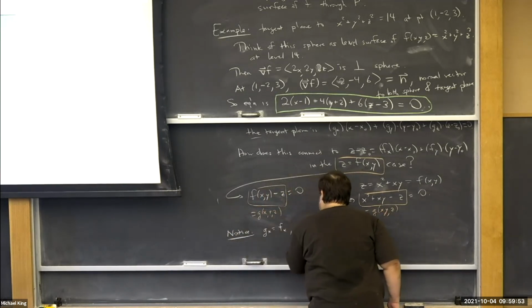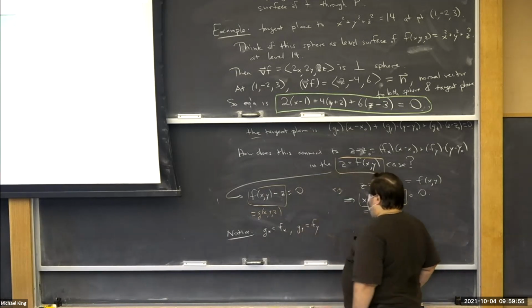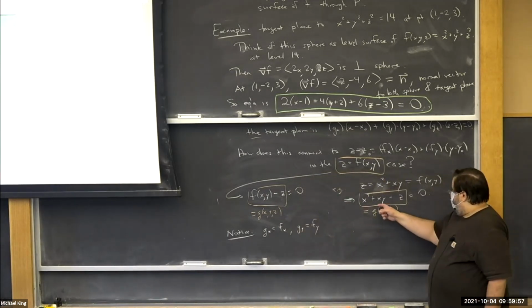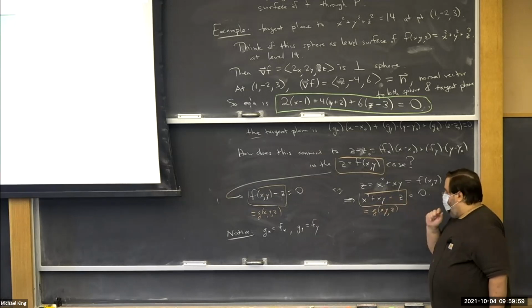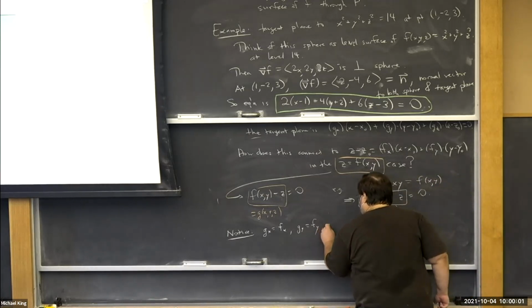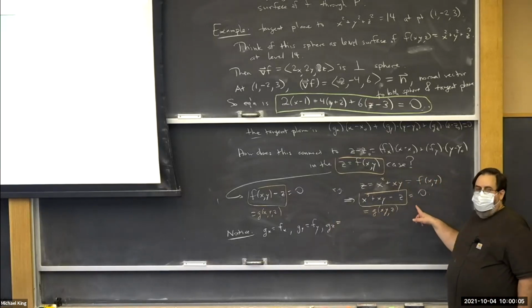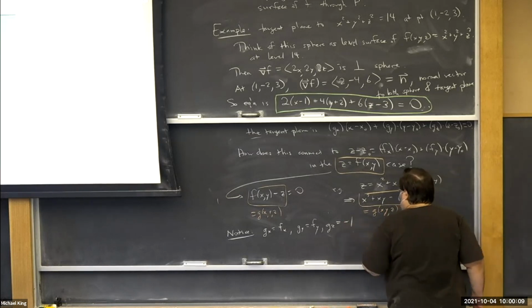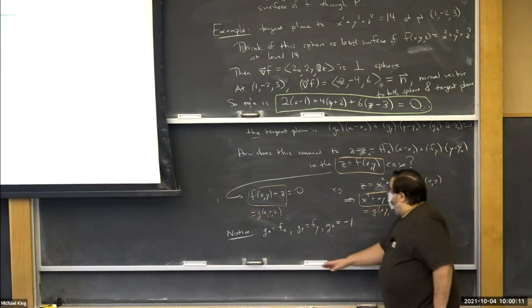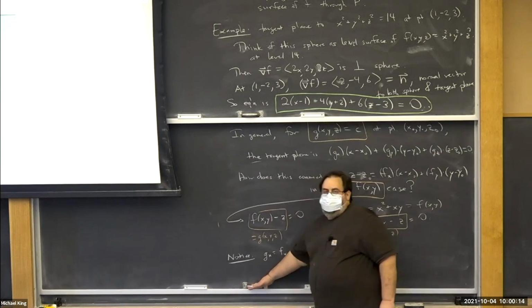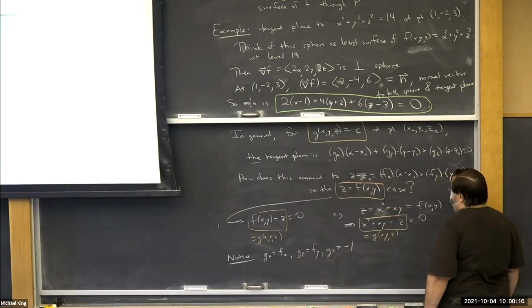G sub y is f sub y. Partial y's are the same. Partial y here is just x. But what about the partial z? What's the partial z here? Negative 1.